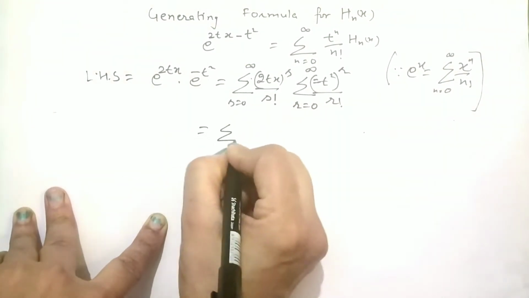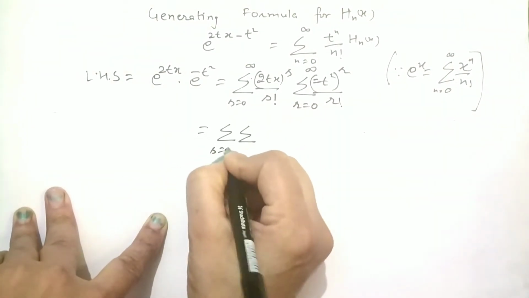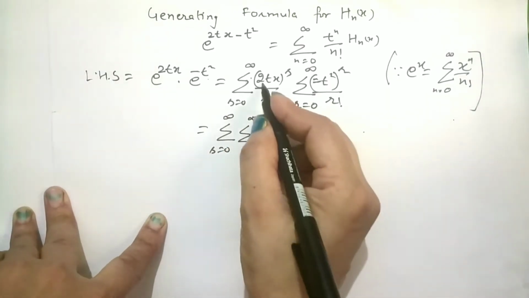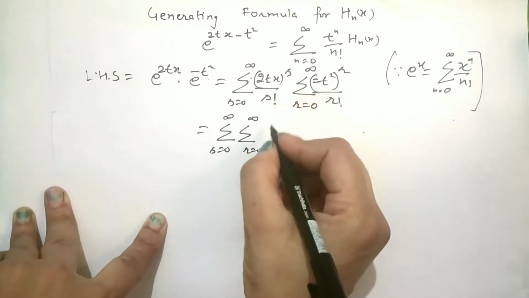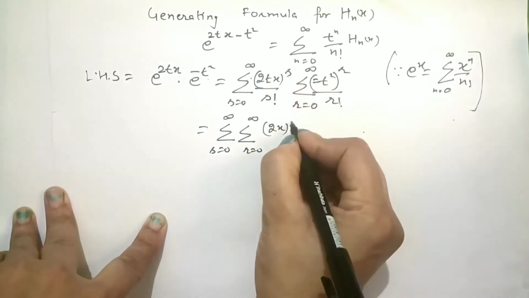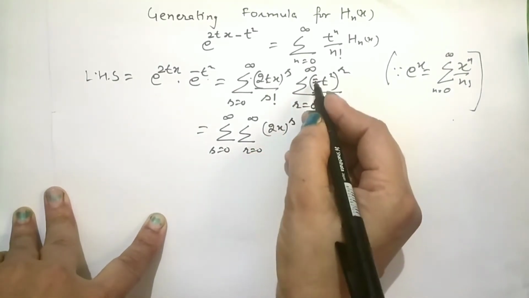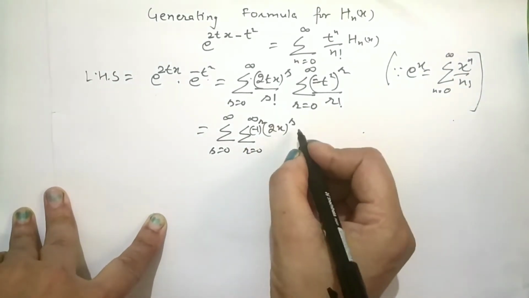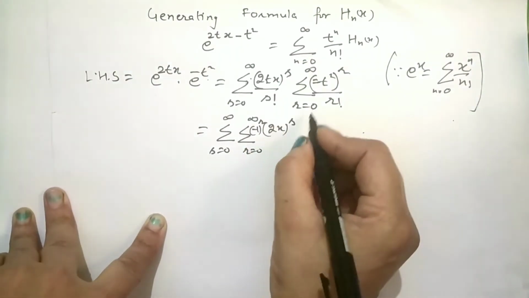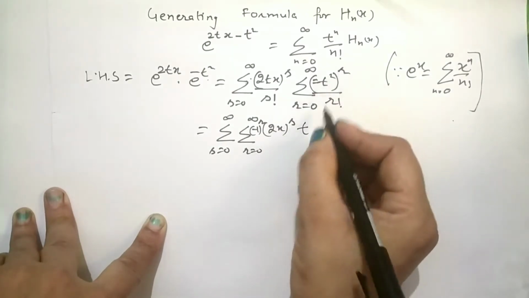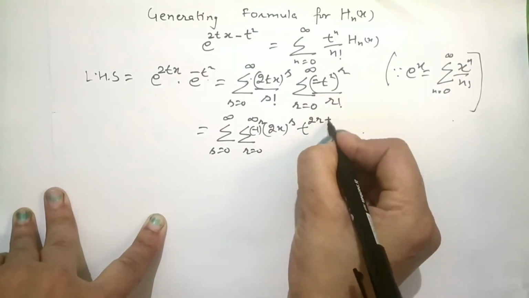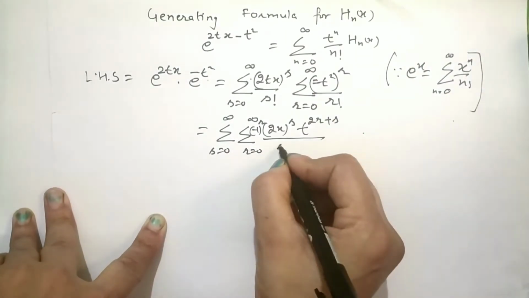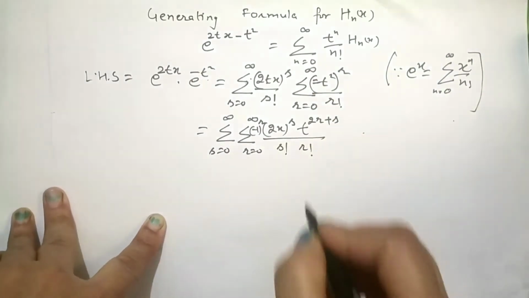So we get two summations, s from 0 to infinity and r from 0 to infinity. We can separate the powers of t: 2x raised to power s, minus 1 raised to power r, then t raised to power 2r plus s, and in the denominator s factorial into r factorial.